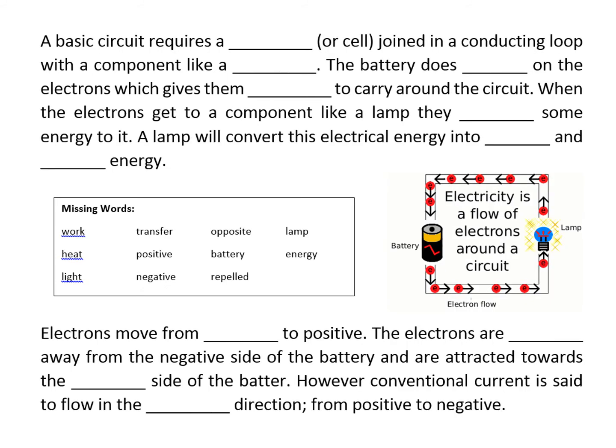A basic circuit requires a battery or a cell joined in a conducting loop with a component like a lamp. The battery does work on the electrons, which gives them energy to carry around the circuit. When the electrons get to a component like a lamp, they transfer some energy to it. A lamp will convert this electrical energy into light and heat energy. Electrons move from negative to positive.